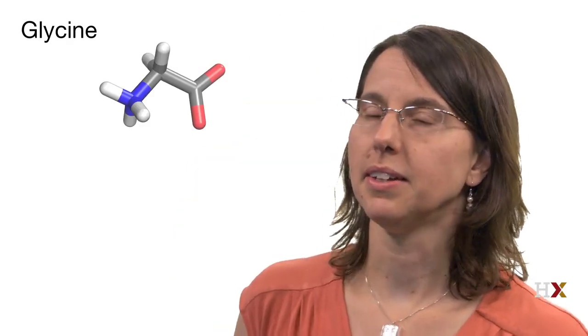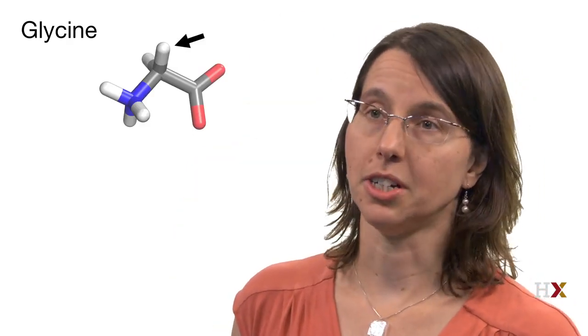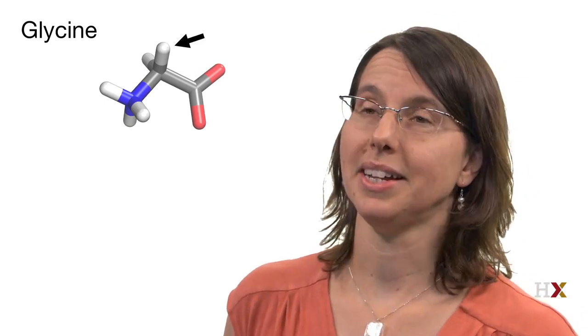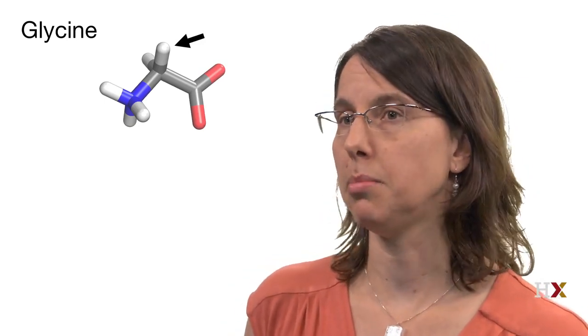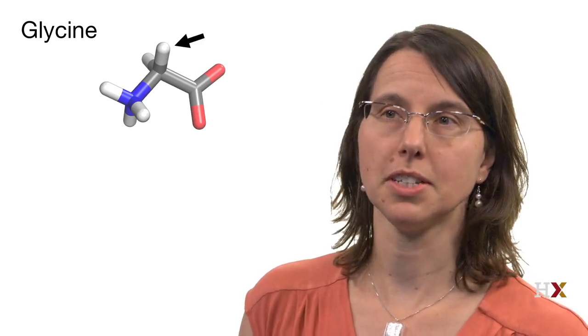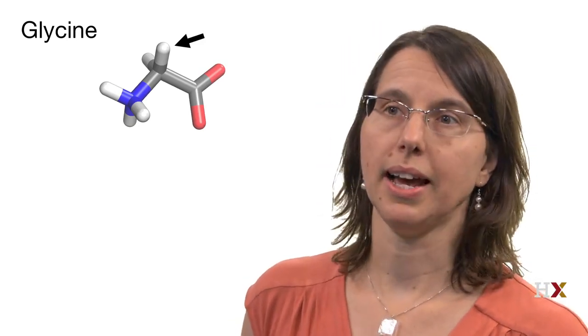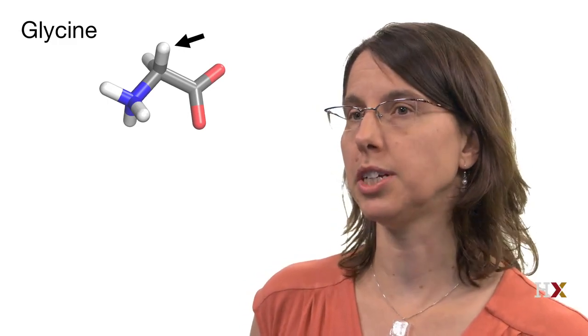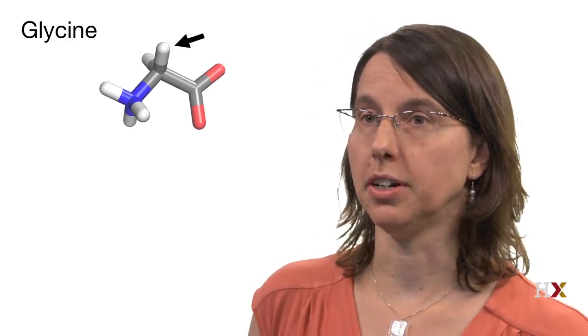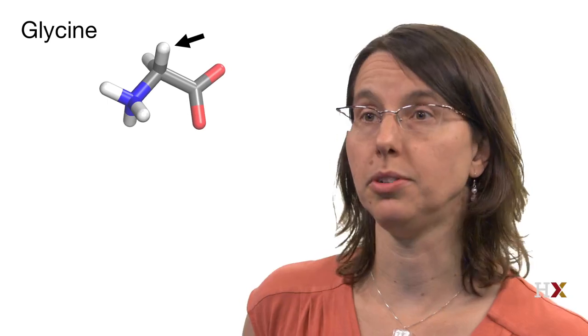One is glycine. Glycine has a hydrogen as a side chain, which means that it now has two hydrogens coming off of its alpha carbon, so it's not chiral. But also the small side chain means that it has fewer conformational restrictions, and that's going to be important in the process of protein folding.